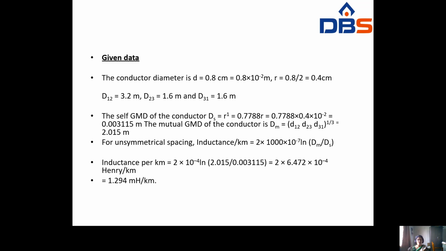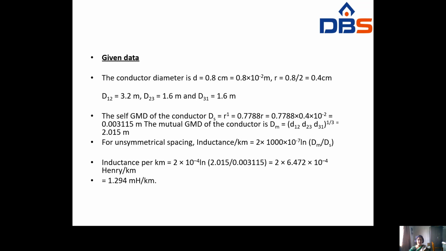But this is unsymmetrical spacing, so we need the mutual GMD of the conductors. The mutual GMD value is given by Dm equal to the cube root of D12, D23, D31.